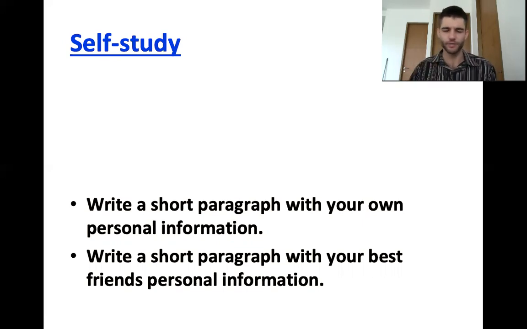Okay, so I'm going to read it for you anyway. It says, write a short paragraph with your own personal information and write a short paragraph with your best friend's personal information. So if you want to practice how to use has and have and how to give information, then write something about yourself. Like, my name is Donovan and I'm 28 years old.